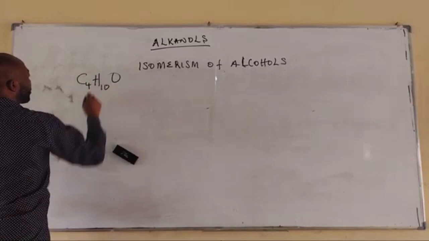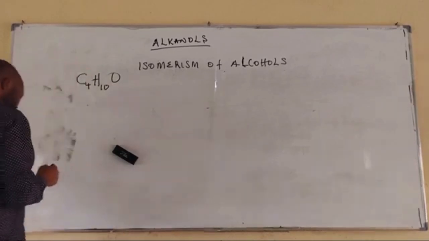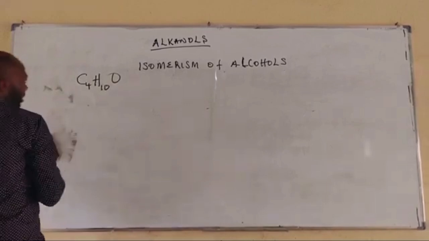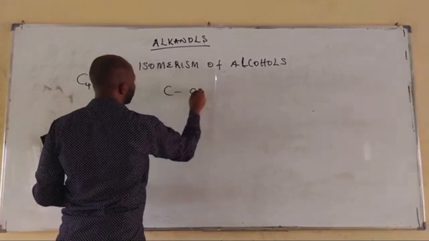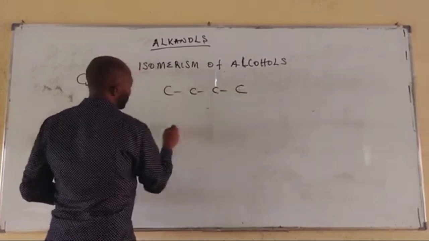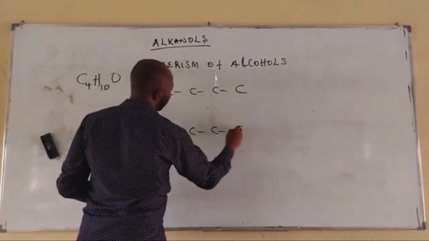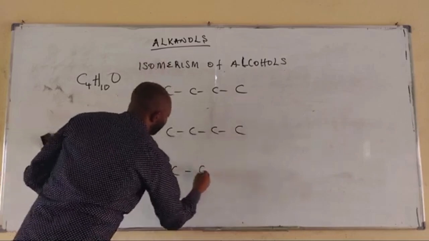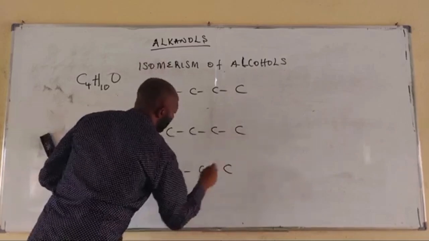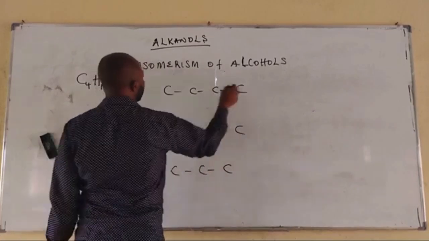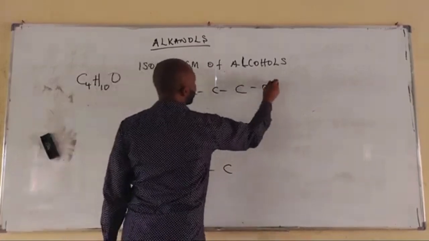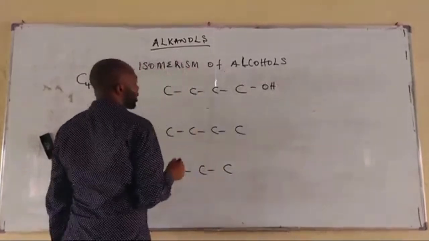We take another example of isomerism, C4H10O. Let's see. We can have 1, 2, 3, 4 carbons. If I have my OH here, it's 1-butanol.